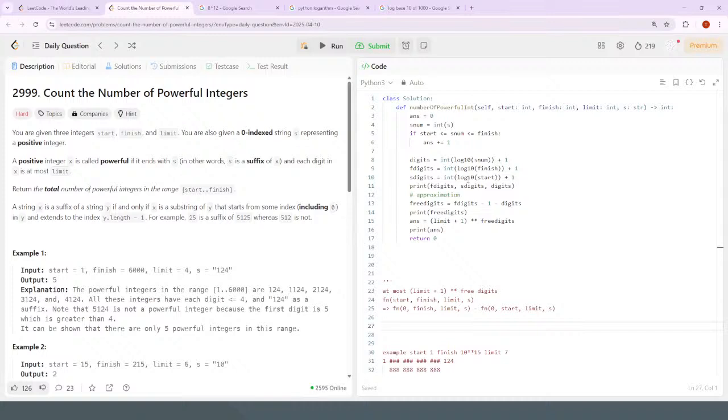I mean, it's so close. It's like 6,000, between 6,000 and the next power of 10. 6,000 next power of 10. But it doesn't have to be that.